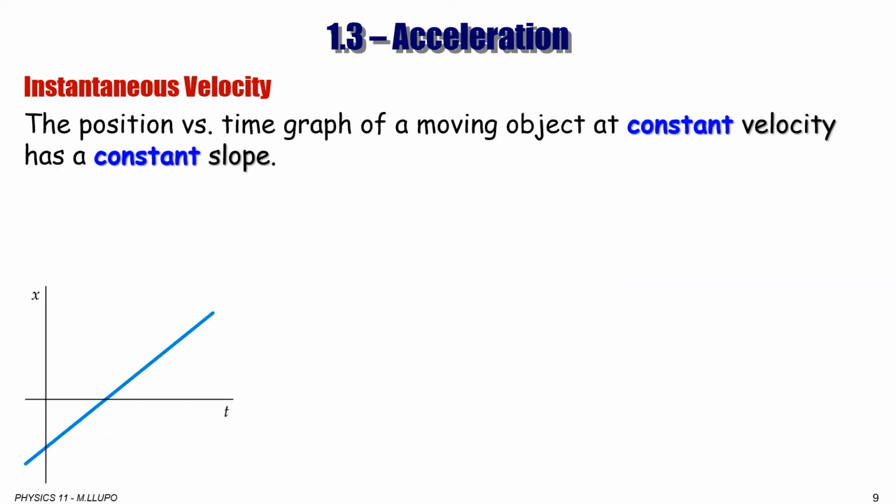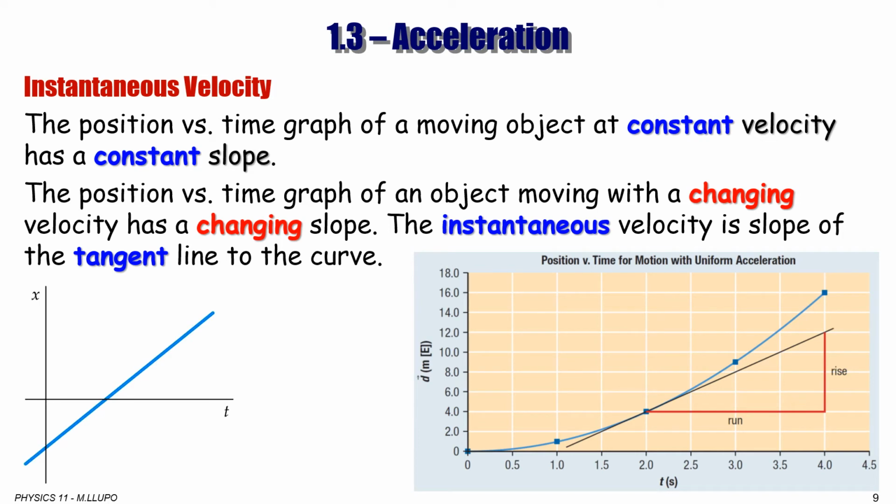By looking at the position time graph, you can determine what type of motion and what type of velocity you are talking about. If the line is a straight line in a position time graph, the slope is going to be a constant. That constant slope represents velocity. So it is a motion with a constant velocity, or a uniform motion.